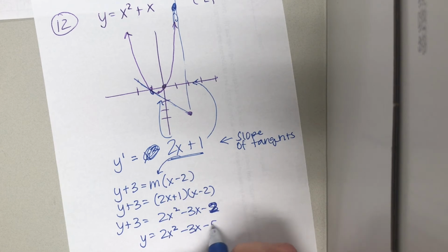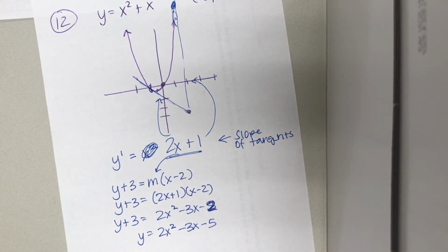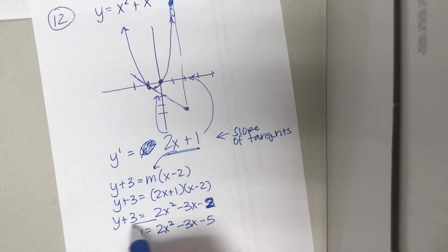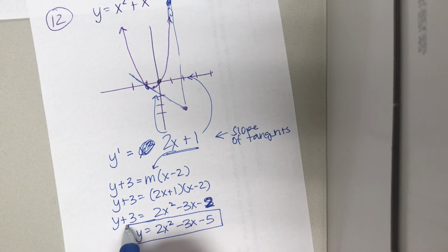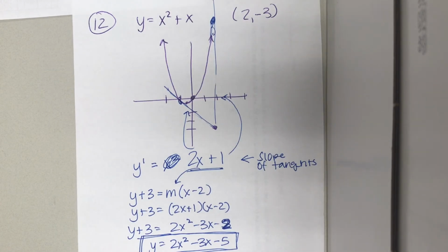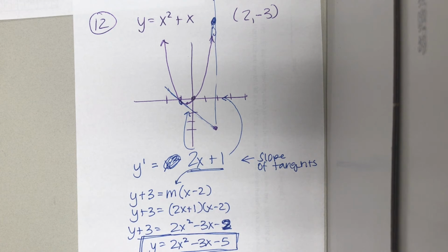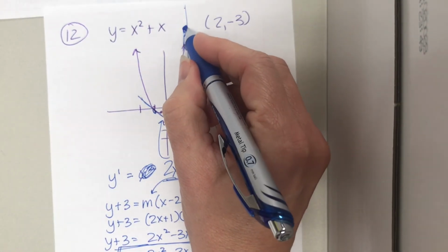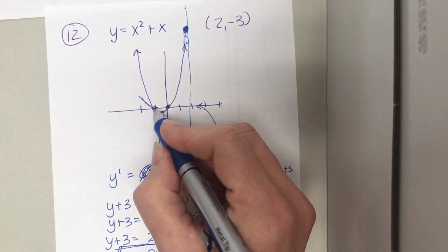This becomes a -5. Okay, so what we're interested in now is where this parabola is going to show us where this point hits the curve and where this point hits the curve.